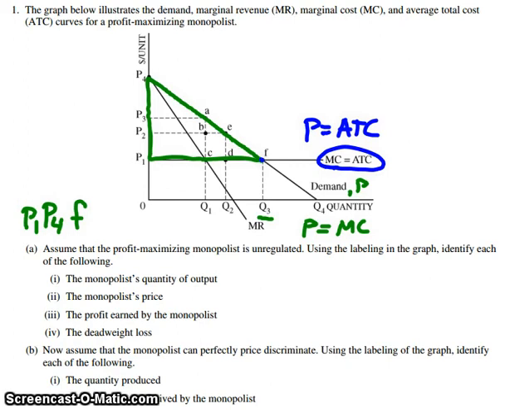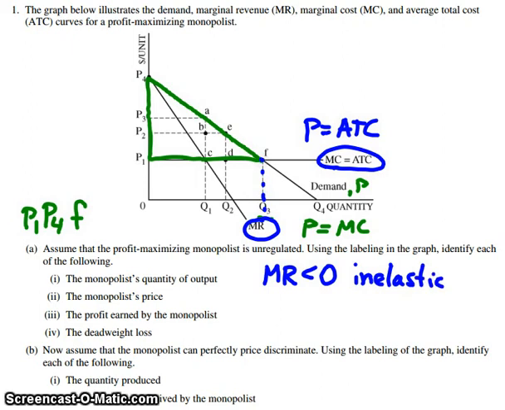And then finally, is point F in the elastic, inelastic, or unit elastic portion of the demand curve? Well, here's point F, and what you'll notice about point F is that if you look down here, the marginal revenue curve is less than 0 at F. Whenever marginal revenue is less than 0, then we're in the inelastic range of the demand curve.